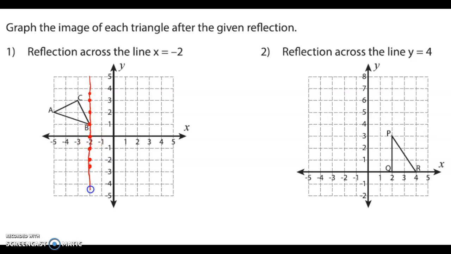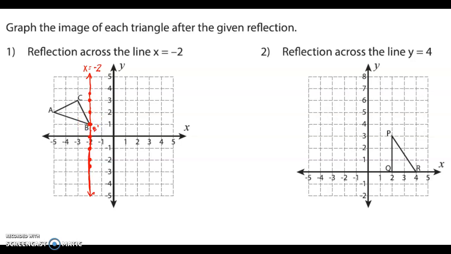All of these points have an x value of -2. So this is the line that we are going to be reflecting over. So instead of counting to the x or y axis, we're going to count to this line where x equals -2.